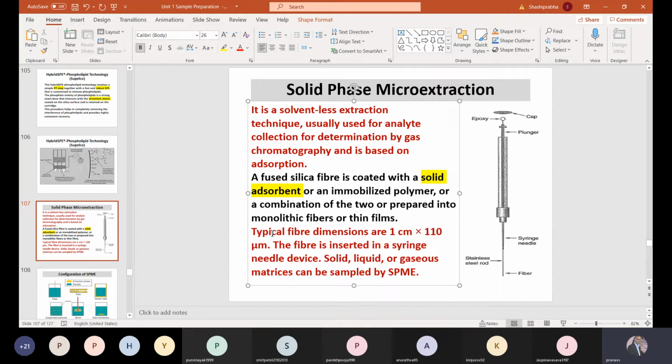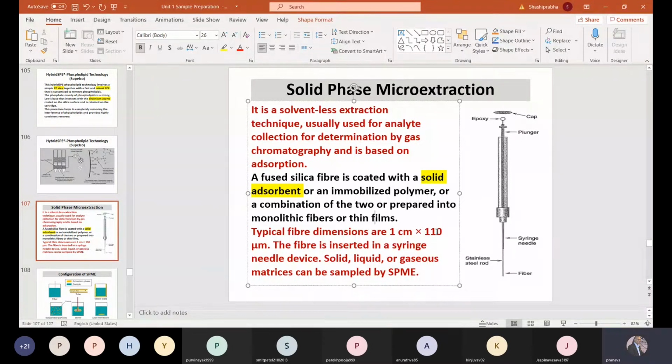And you can see the dimensions as well. The typical fiber dimension is 1 centimeter in length, and 110 micrometers is the thickness of these fibers. Once we have a system like this, we can simply put this syringe-like device directly into our sample.